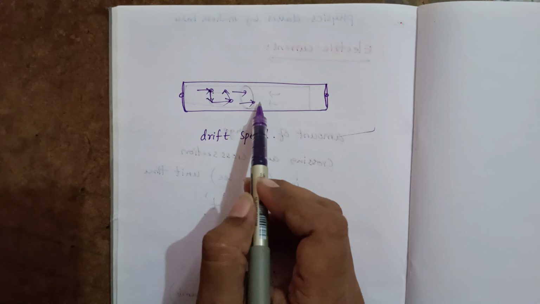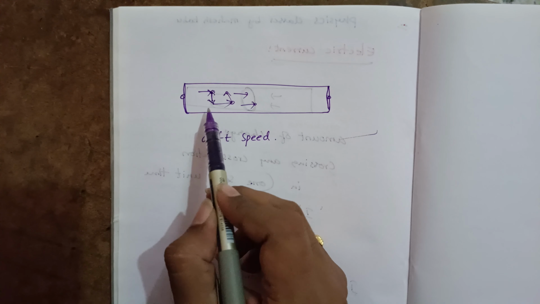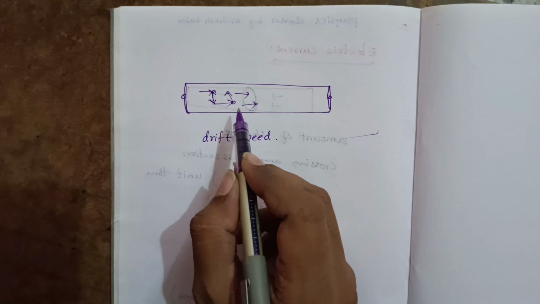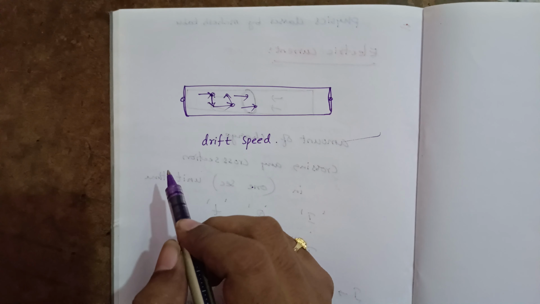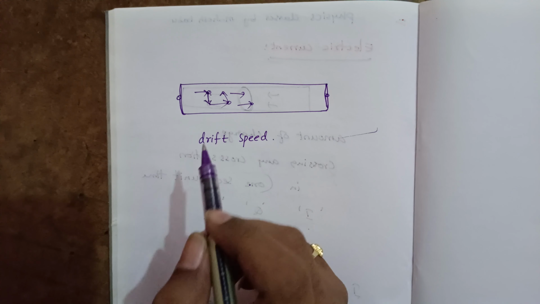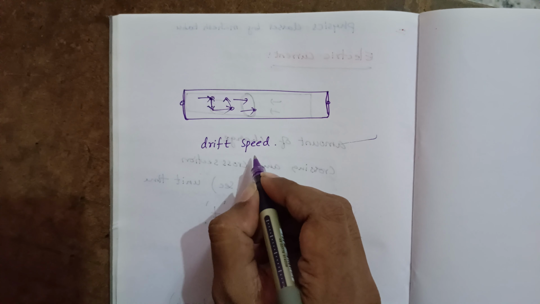Now it does not have constant velocity; each time its velocity changes. So we take the average velocity or average speed.